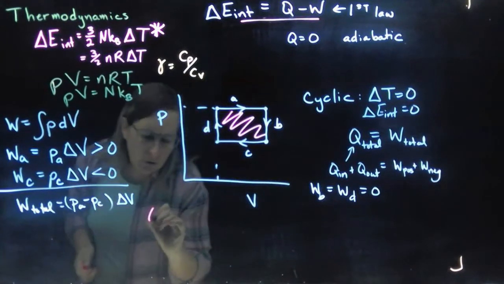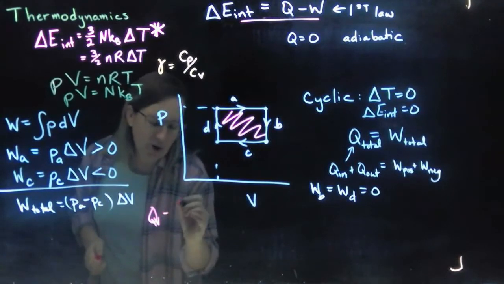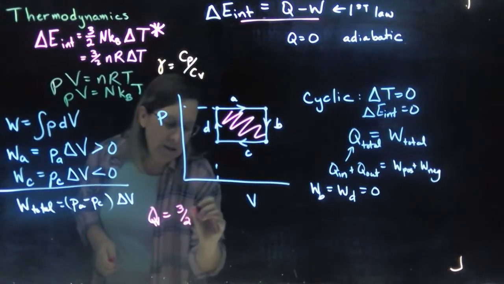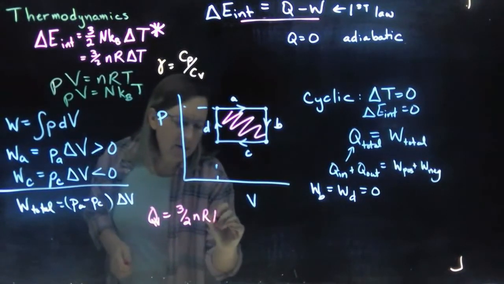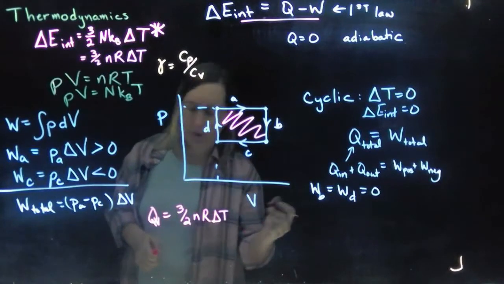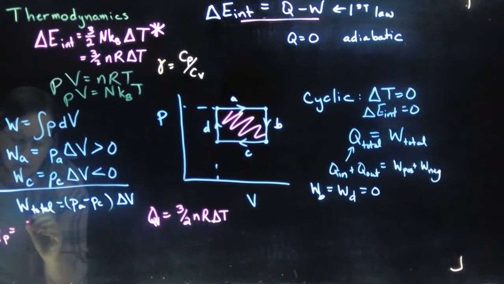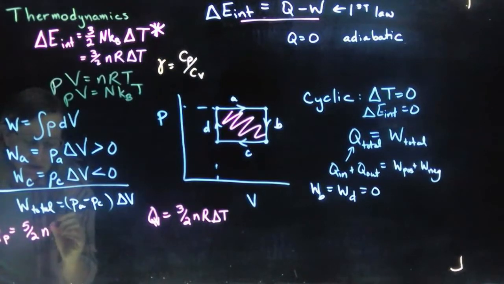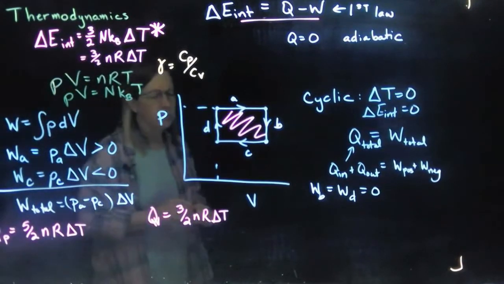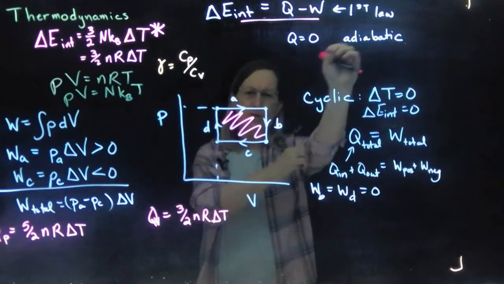So Q for constant volume, sorry, that's a Q volume, is equal to 3/2 for monatomic nR delta T, and for constant pressure, I'll put this over here on the constant pressure side, QP is equal to 5/2 nR delta T.